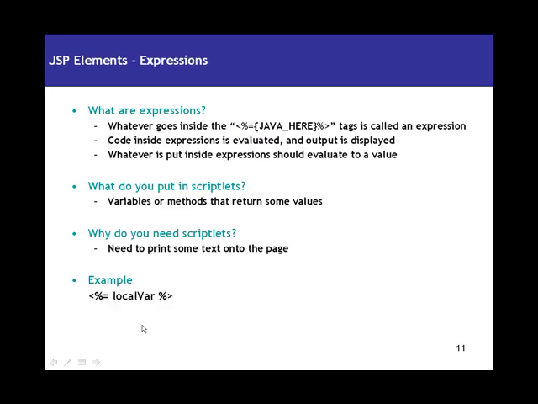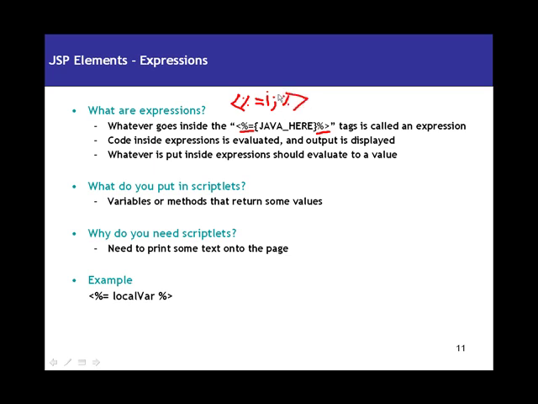Okay. All right. Now JSP expressions. Whatever goes within these tags is treated as JSP expressions. Okay. So one thing to note in a JSP expression is that whenever you put something in a JSP expression, you do not put a semicolon at the end of that, right? So that is not allowed. So let's say I want to print the value of I. I cannot say I semicolon.